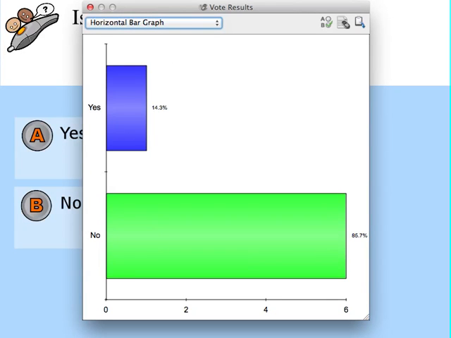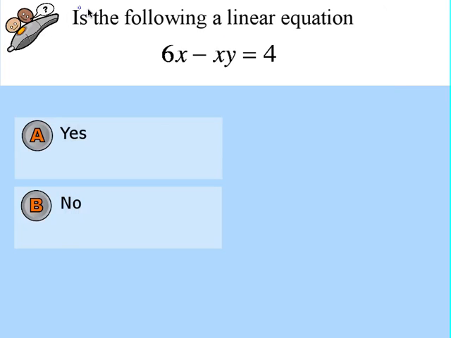The answer is no. Why not? You're right. Why not? It's 2 variables. 2 variables multiplied by themselves, x, y. Remember, we can't have this.